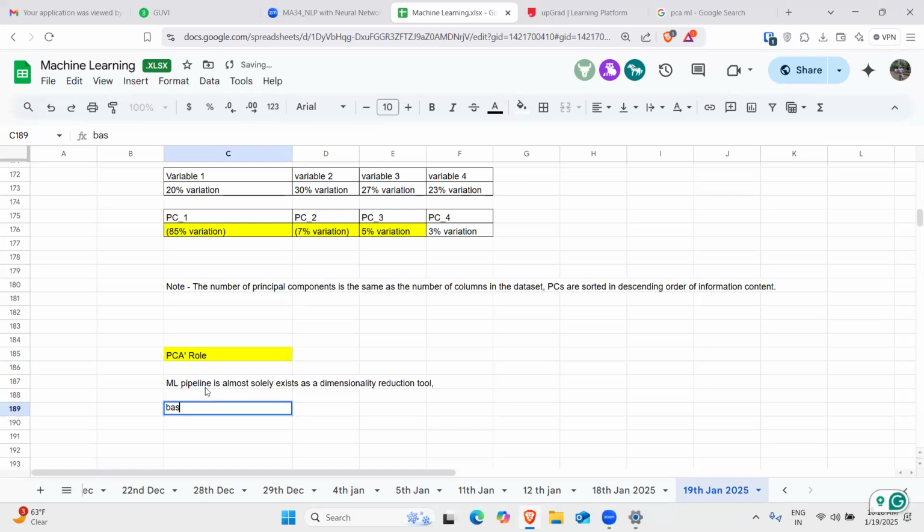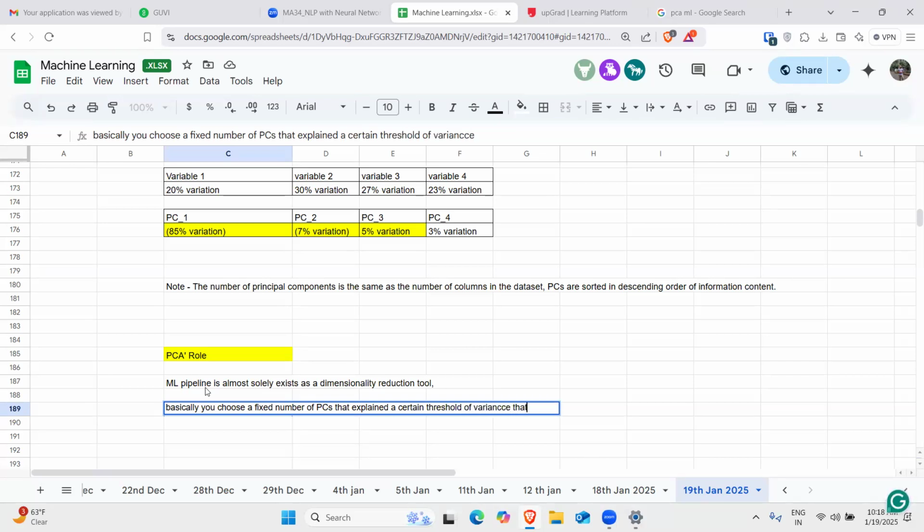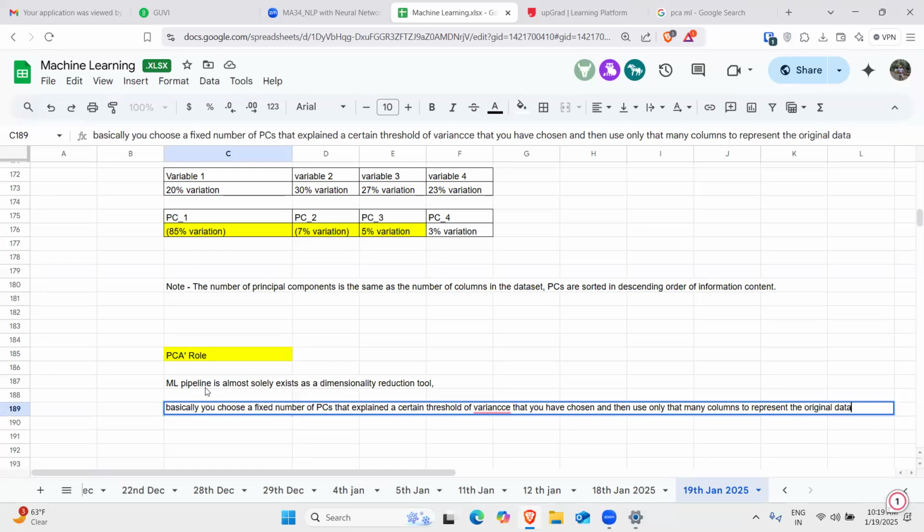Basically, you choose a fixed number of PCs that explain a certain threshold of variance that you have chosen, and then use only that many columns to represent the original dataset.